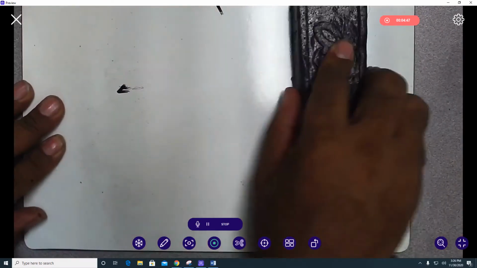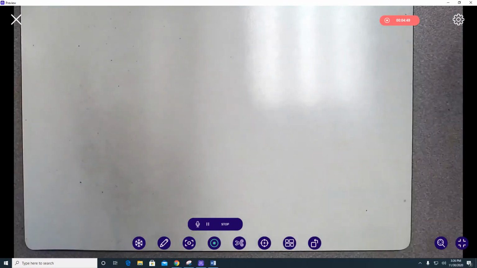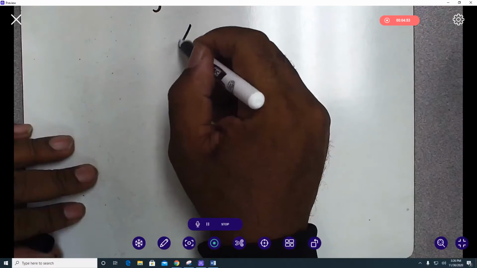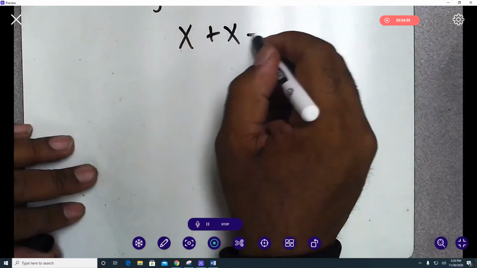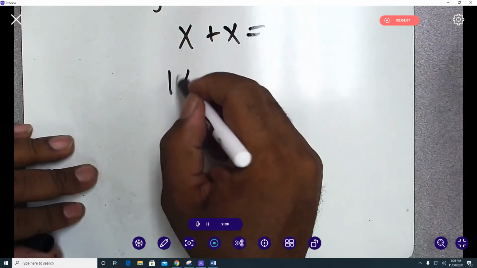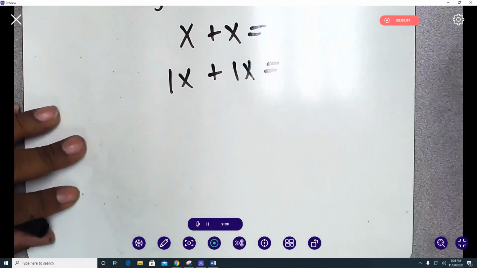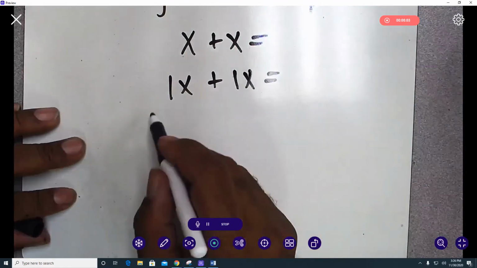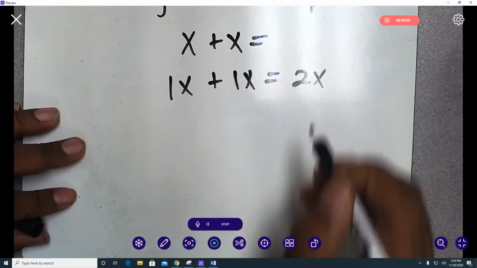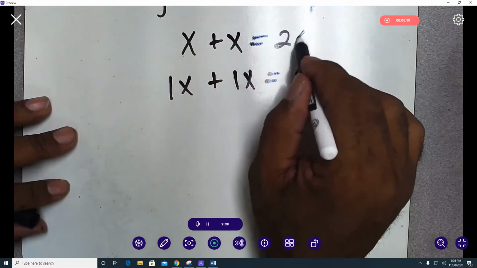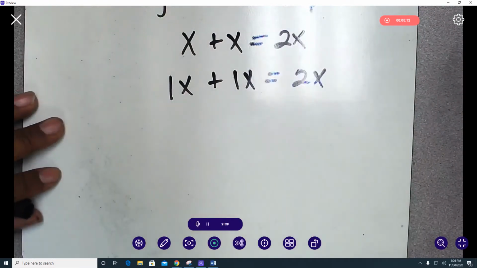Now, let's switch it up a little bit. I want y'all to tell me, x plus x and 1x plus 1x represent the same thing. Now 1x plus 1x, when you add them together, equals 2x. x plus x is the same thing, so it equals 2x as well.